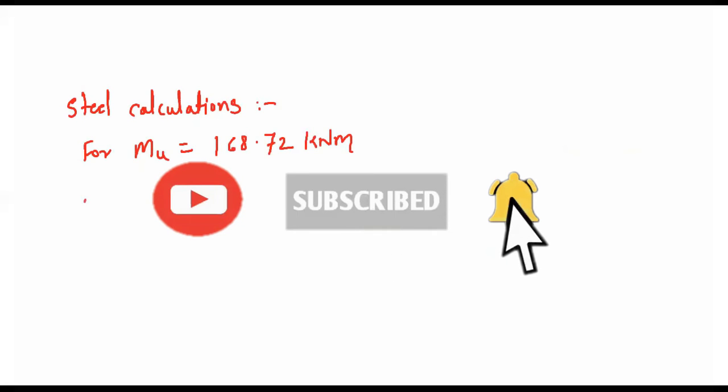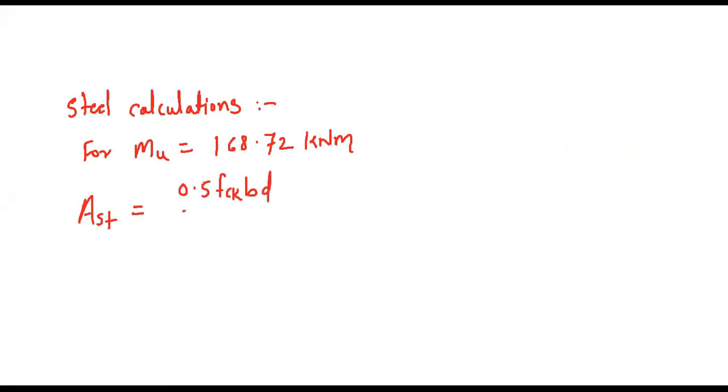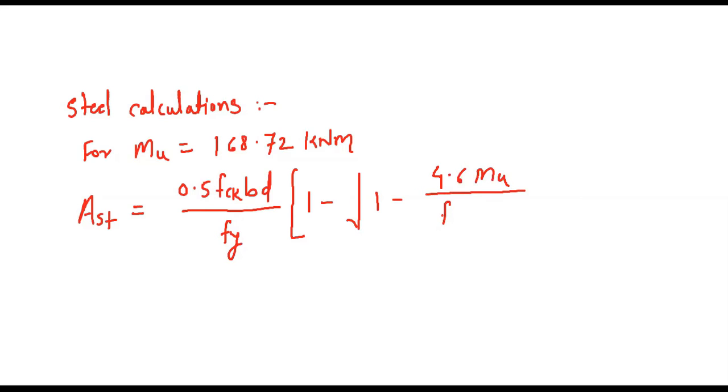Our formula for Ast is equal to 0.5 fck b d divided by fy, in bracket, 1 minus under root of 1 minus 4.6 Mu divided by fck b d square.